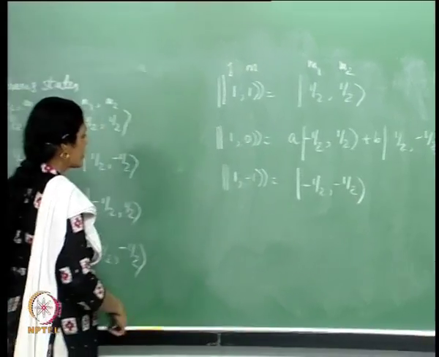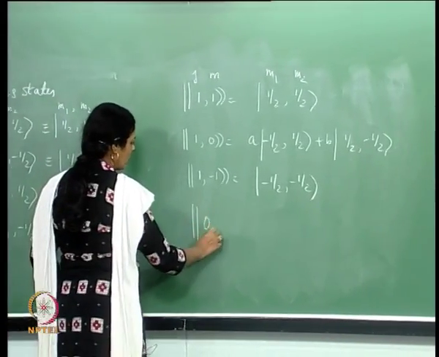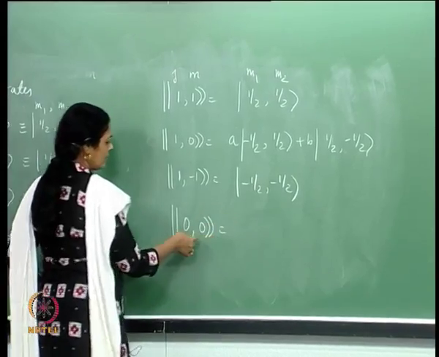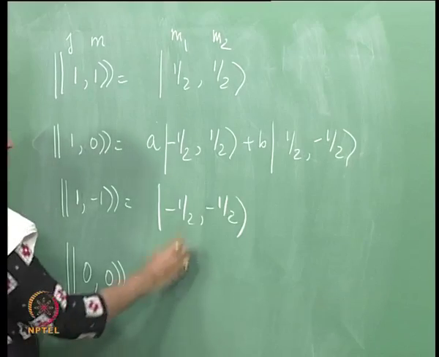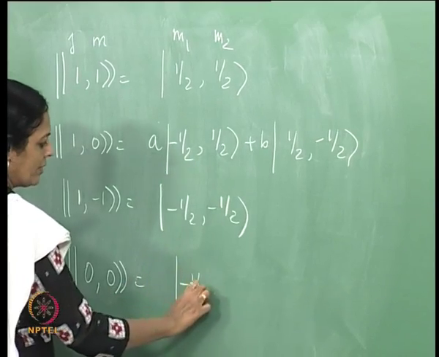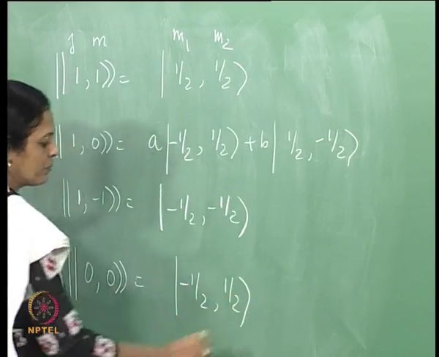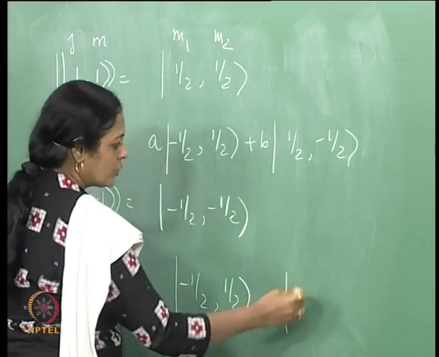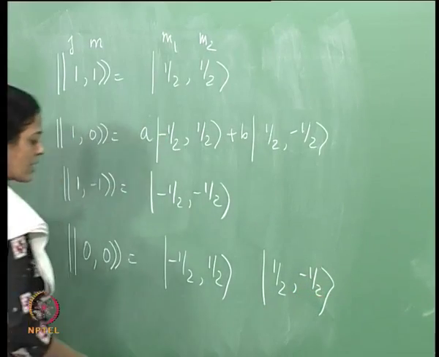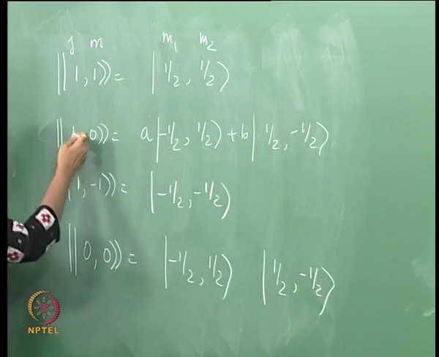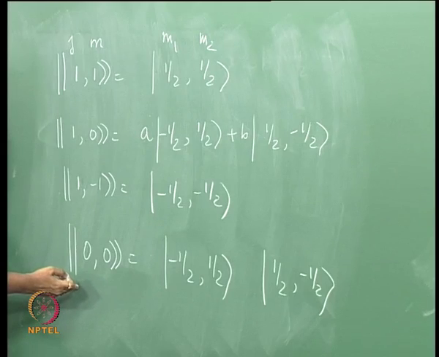Then there is the singlet state, which is 0 comma 0. Again, if M is equal to 0, clearly it could have come from M1 is minus half and M2 is half. It could also have come from M1 is plus half, M2 is minus half, except that this state is distinctly different from this.